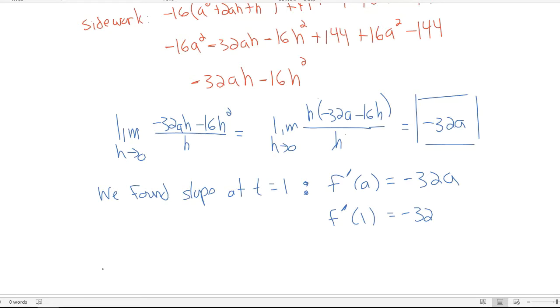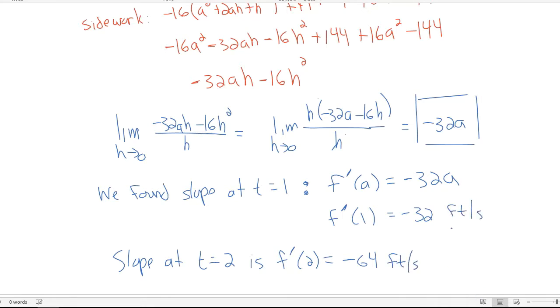So we could say that the slope at t equals 2 seconds is going to be f prime at 2. So in this case, negative 32 times 2 would be negative 64. And again, if we're talking about an application here, we're talking about negative 32 feet per second, or negative 64 feet per second. Again, we're interpreting the 32 and the 64 as being the speed, and then the negative as being the direction here.